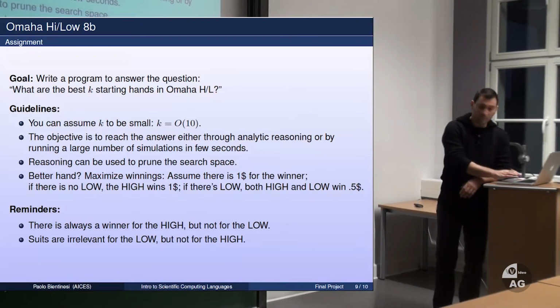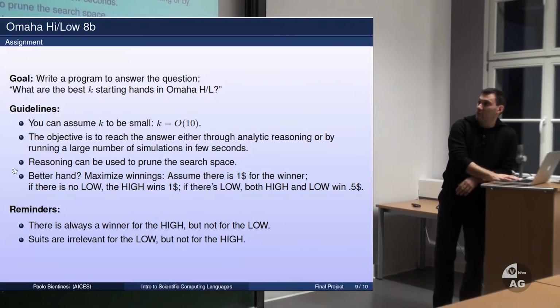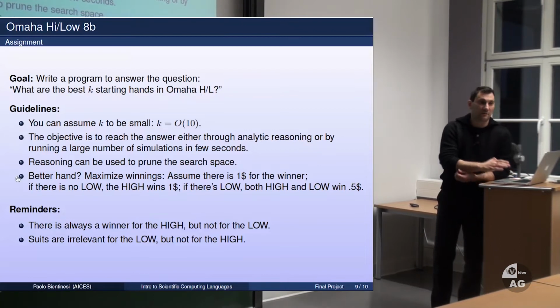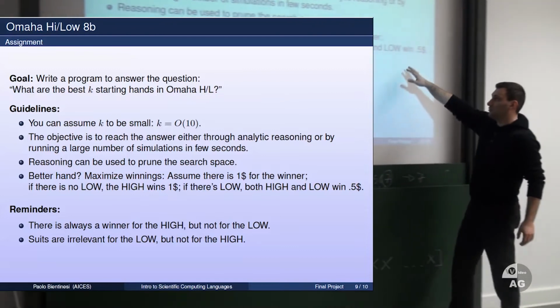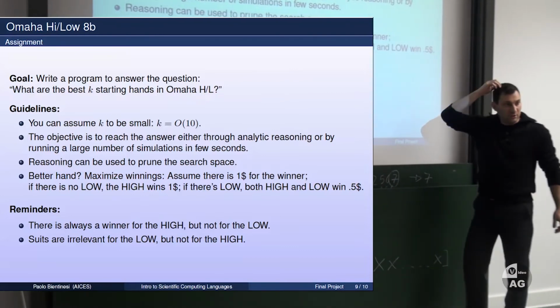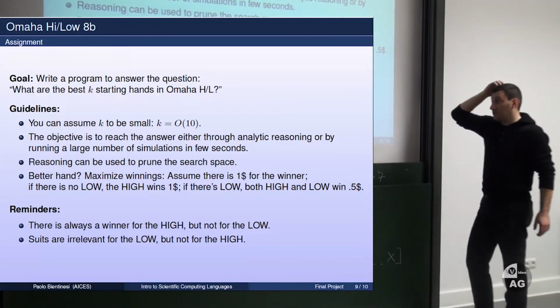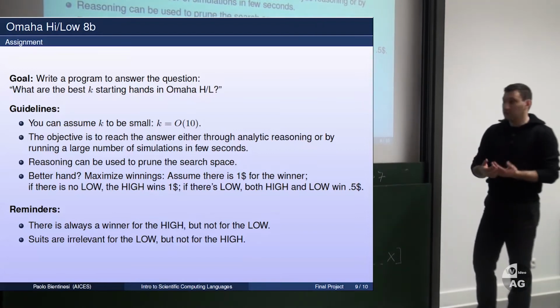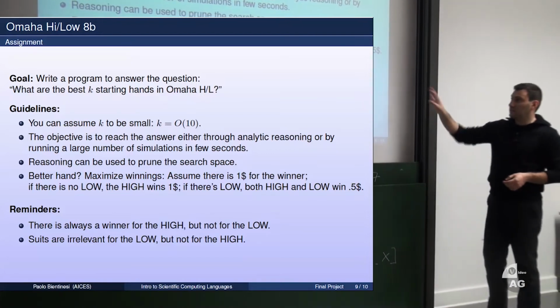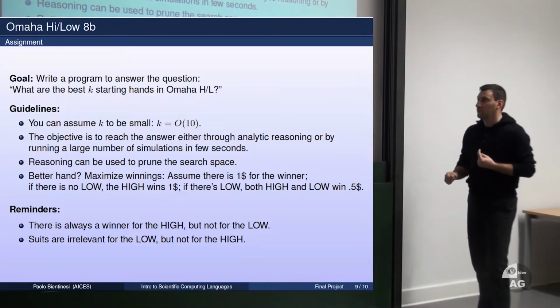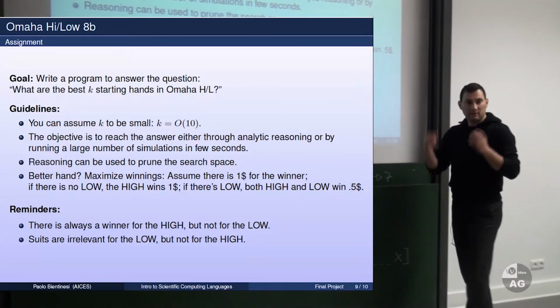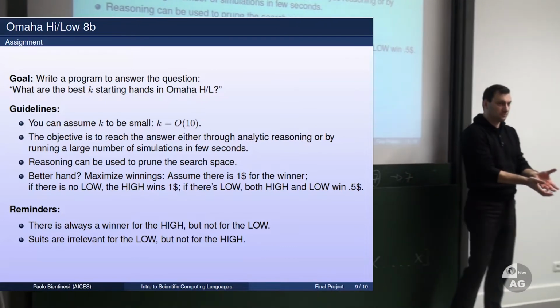Now the question is how to define better. And I came up with this definition, which should be of help for you guys. I forgot to say, let's say that you're playing against one opponent to make life easier. And let's say that you play for $1.